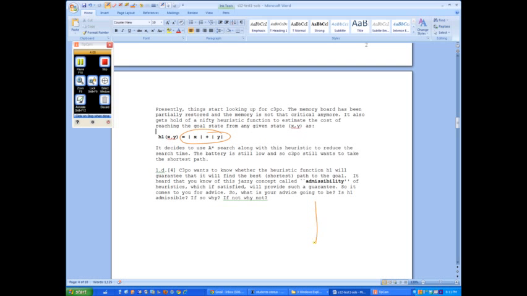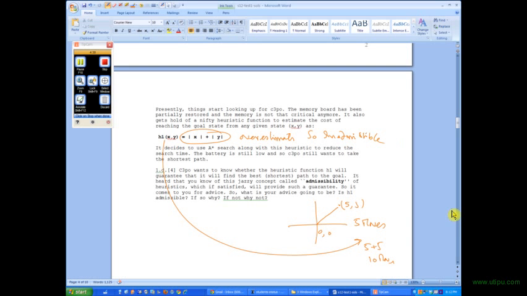For example, suppose this is 0 0, and suppose you are somewhere here at 5 5, then the shortest possible distance is 5 diagonal moves, but this heuristic will say 5 plus 5, 10 moves, and that is not valid because it overestimates, so it is inadmissible.